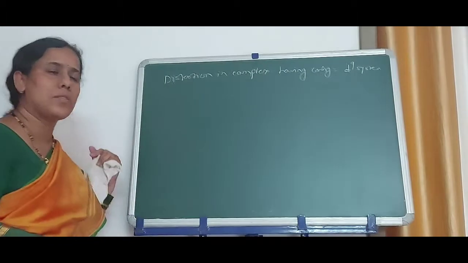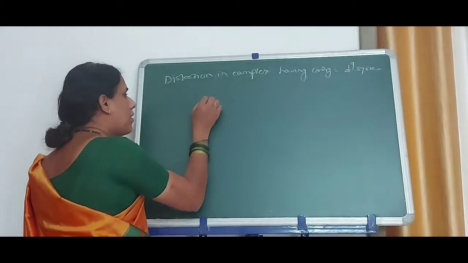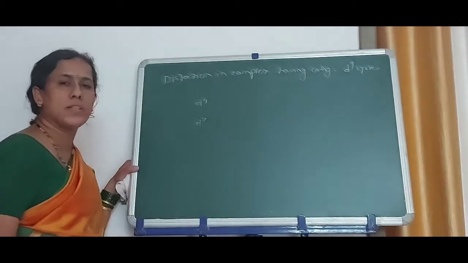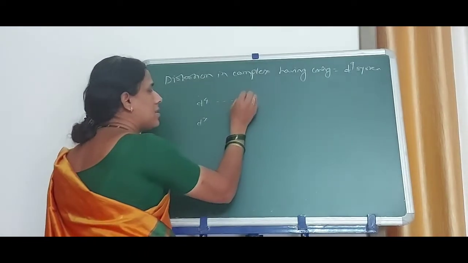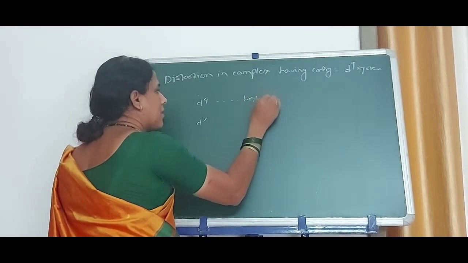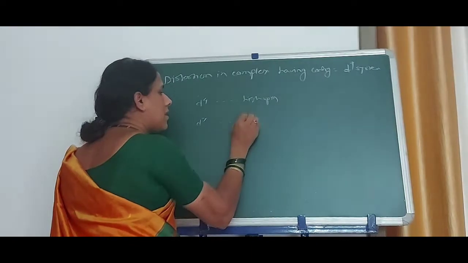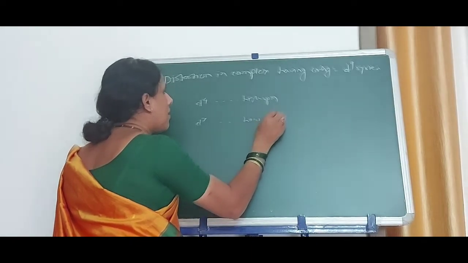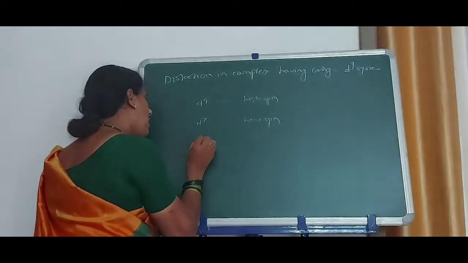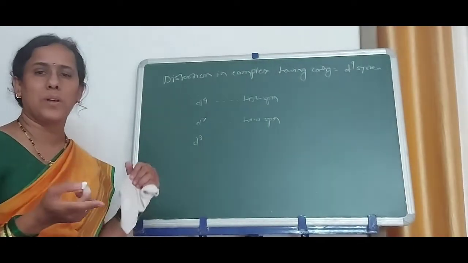There are also d4 and d7 systems. In d4 there is high spin. In d7 there is low spin. But in the d9 system we have to count both the high spin or low spin.